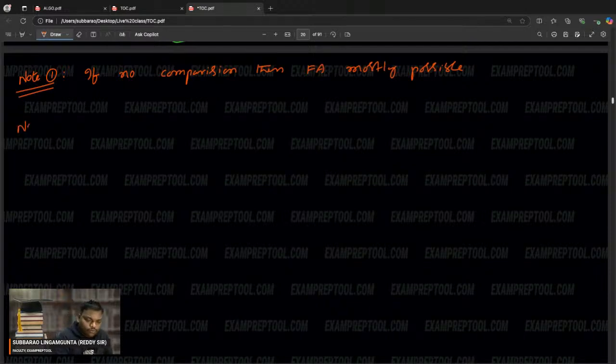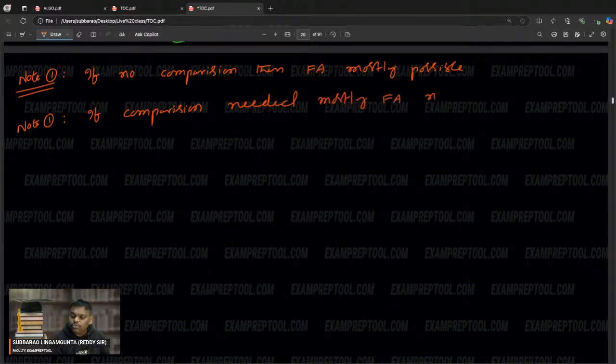Note 2: if comparison needed, mostly finite automata not possible, then we have to go to PDA.